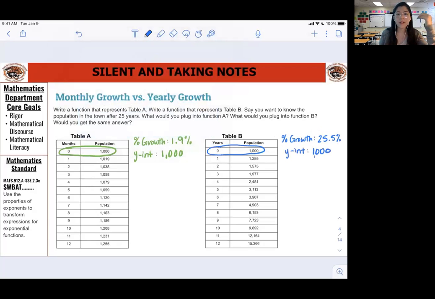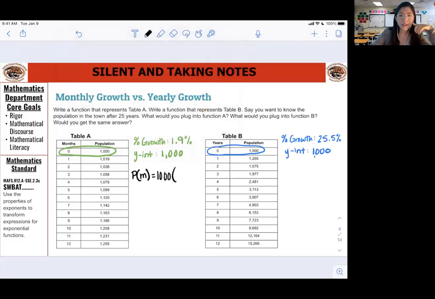Okay, so I have my percent, I have my y-intercept. Now I can write my function. Let's call this P of M, because it's going to be months. So P of M, what do I write first? 1,000.